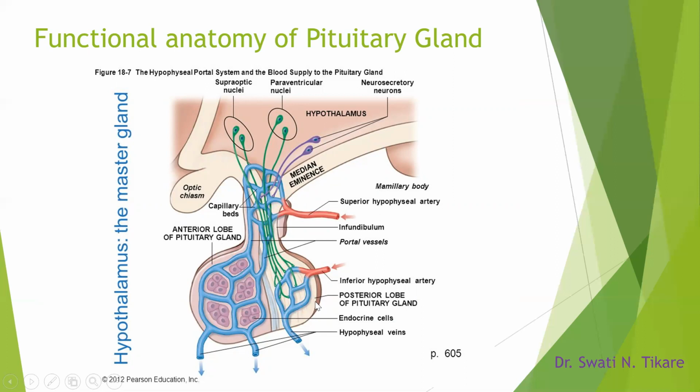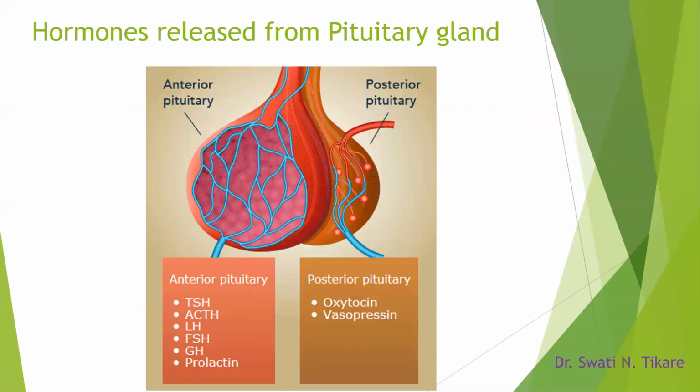Whereas the posterior pituitary gland is supplied with a small amount of blood by the inferior hypophyseal artery, while it is richly supplied with neural connections from the hypothalamus. So this is the functional anatomy of the pituitary gland.